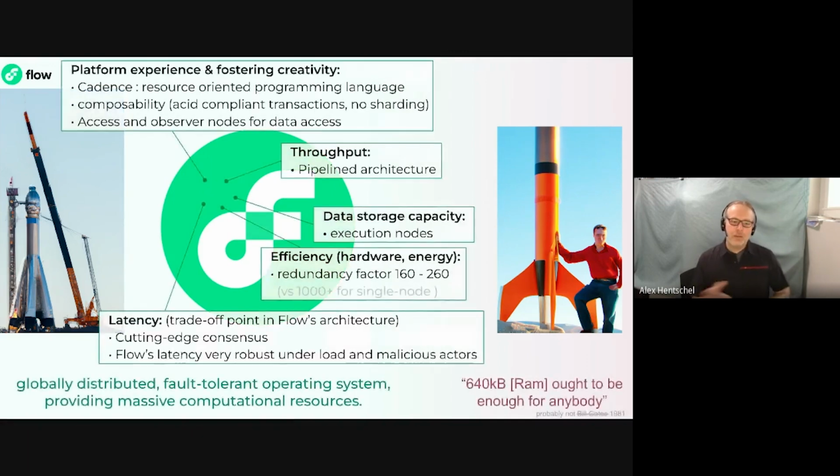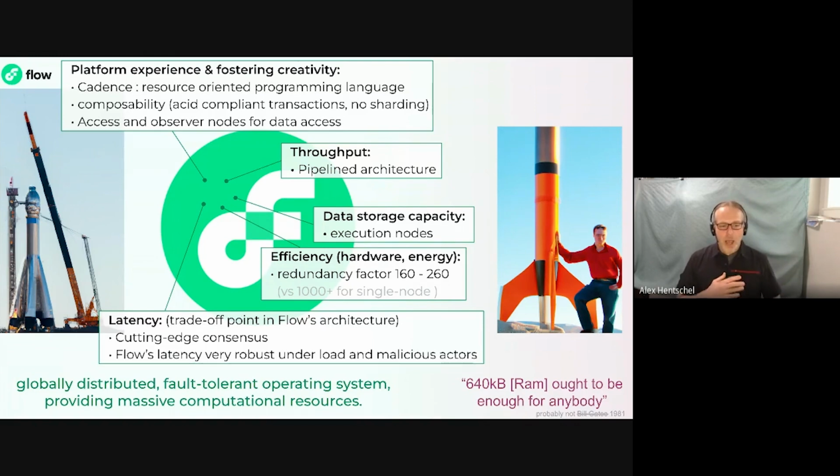And the big thing you all get is a system which is heavily focused on usability. We try to absorb a lot of complexity into the system so that the developers don't have to deal with the complexity and work around it. So for instance, Flow has Cadence, which is a resource-oriented programming language. It makes it very easy to manage resources and control access.